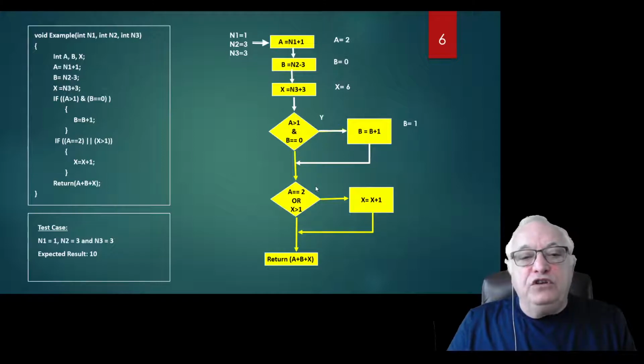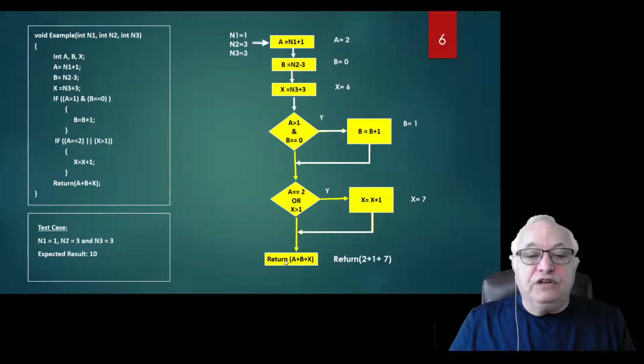Then we continue down to the second decision, which is a equal to 2. That's true, and this is an OR statement, so it bounces to the next box, which is x equal to x plus 1, giving me x equal to 7. Then we keep going down, and we return a value of a, which is 2, plus b, which is 1, plus x, which is 7, which is 10, what we expected.